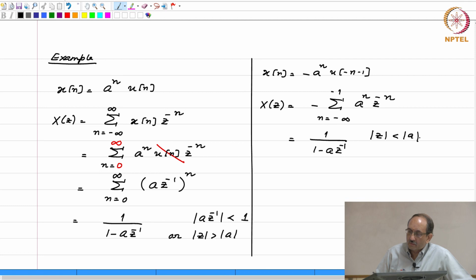Therefore, this tells you that the algebraic expression of the Z transform alone is not enough to pin down the time domain sequence for which this is the Z transform. You also need the associated region of convergence.